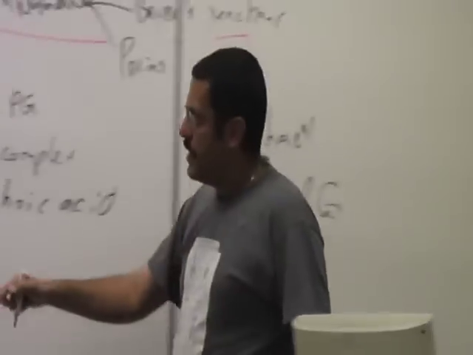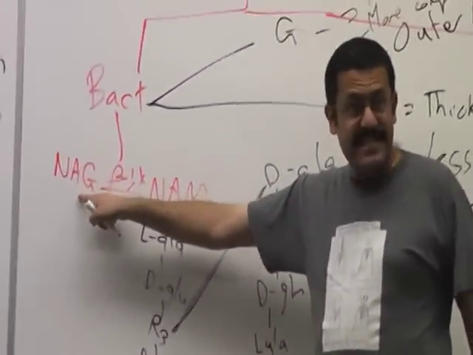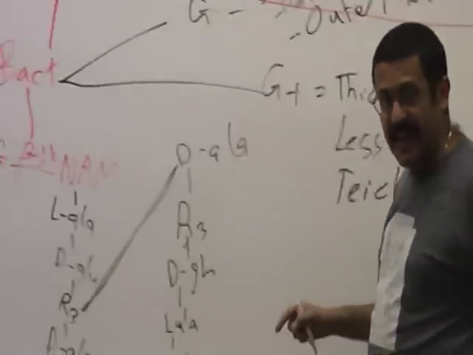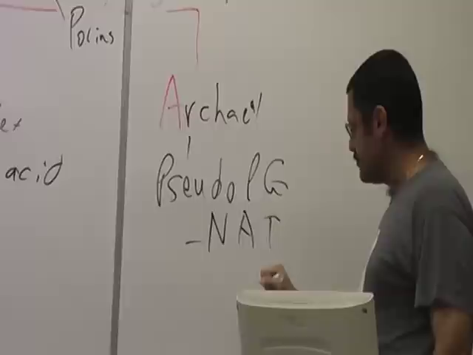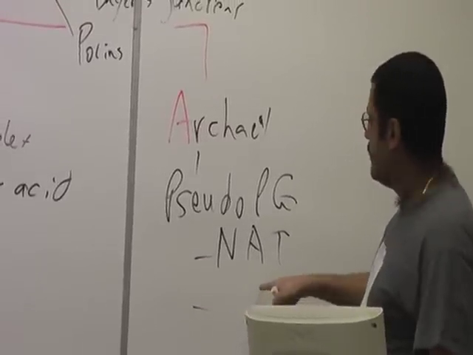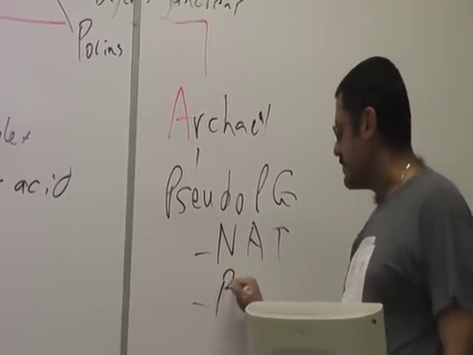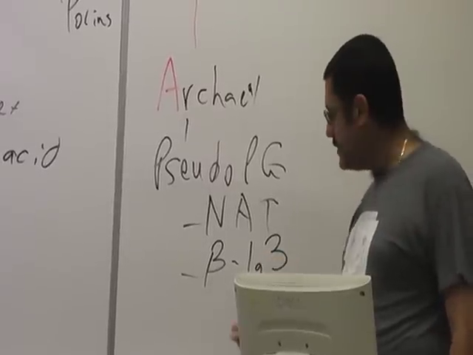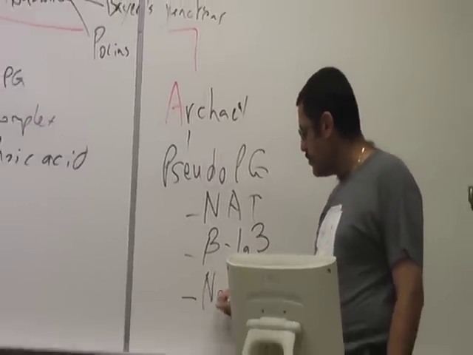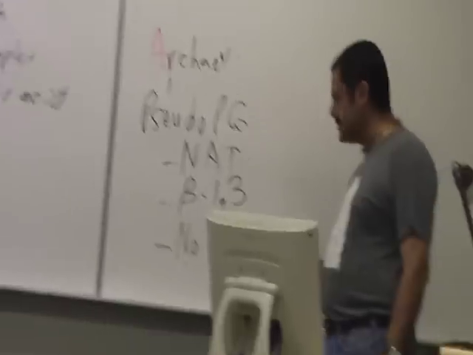First of all, there is NAG still, but now NAT, N-acetyltalosaminuronic acid. We'll save 2 seconds and not write it. They have NAT, they have beta what? Beta 1,3, and they have no D amino acids.